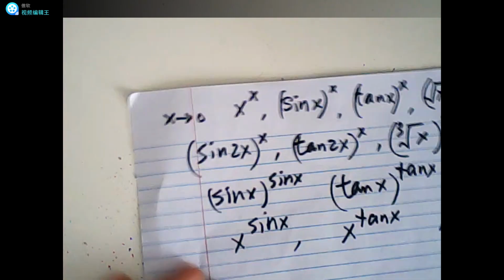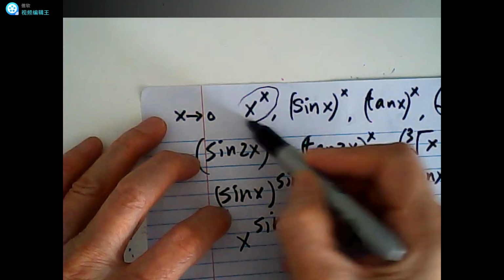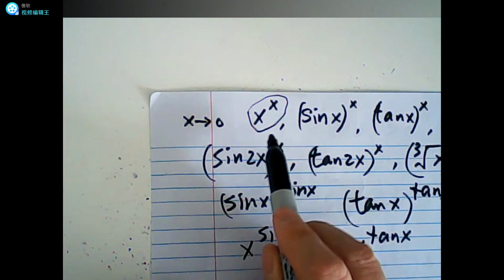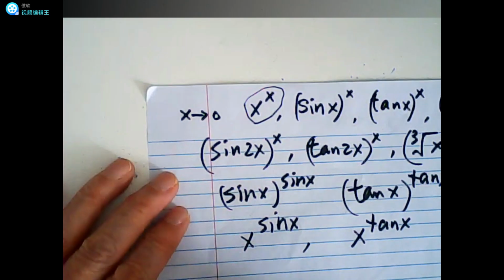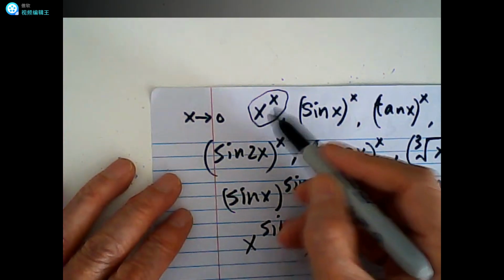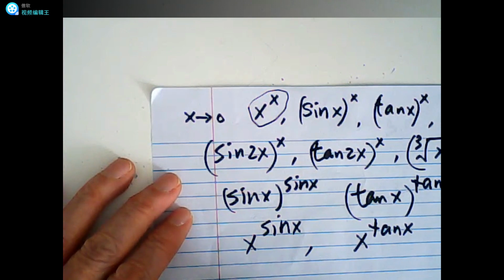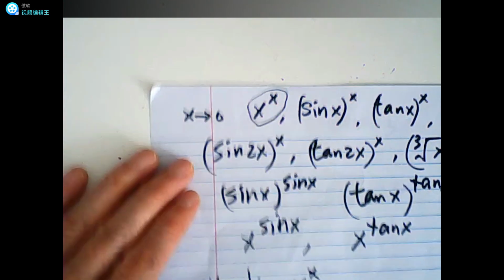Okay, then the second thing is that we consider this limit, as x approaches 0, as a basic formula. So we are looking for the limit of x to the x as x goes to 0. We calculate y.